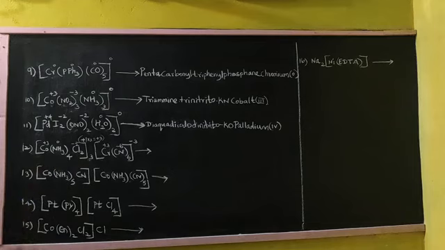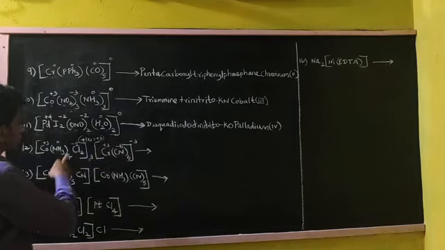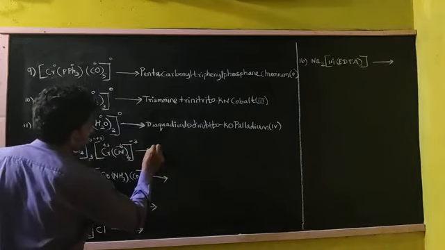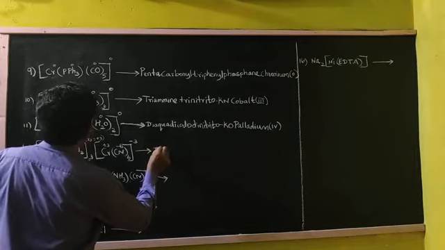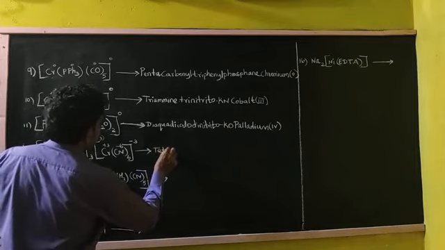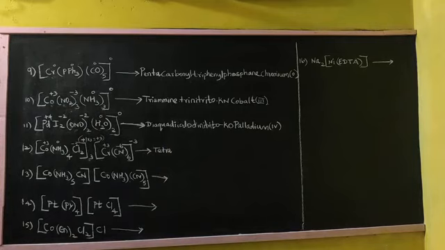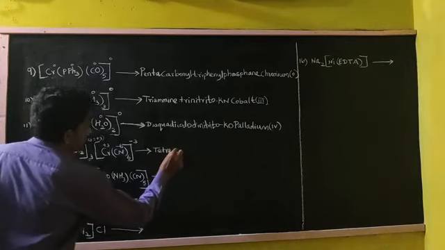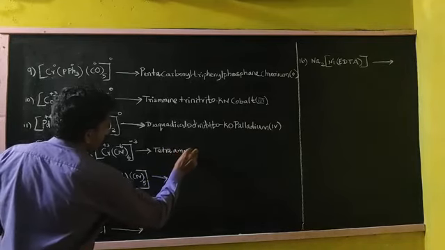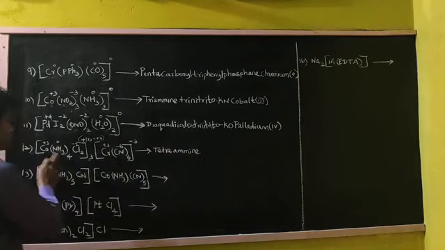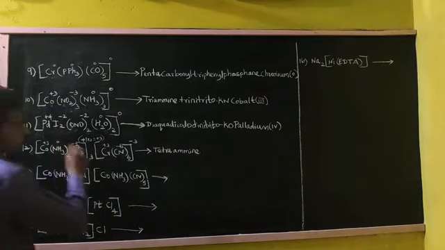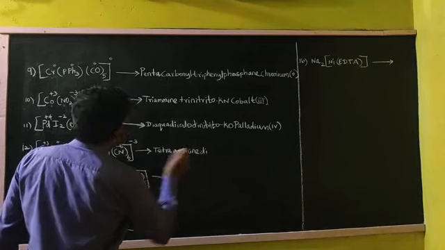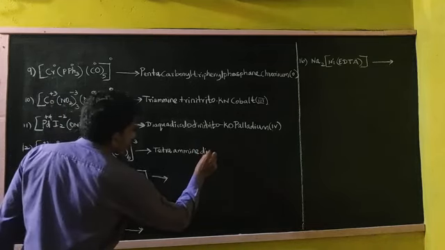Okay, the first coordination sphere, on the left side, we can solve it. 4 means what? Tetra. Ammine. 2, di. Cl means what? Chlorido.